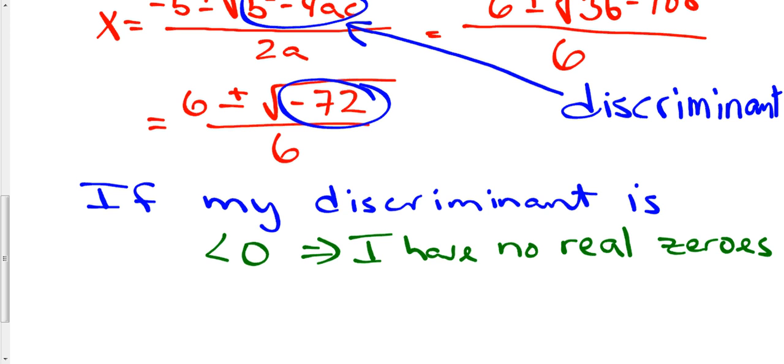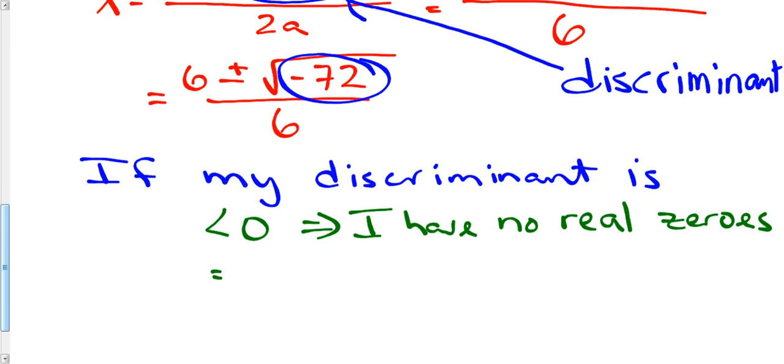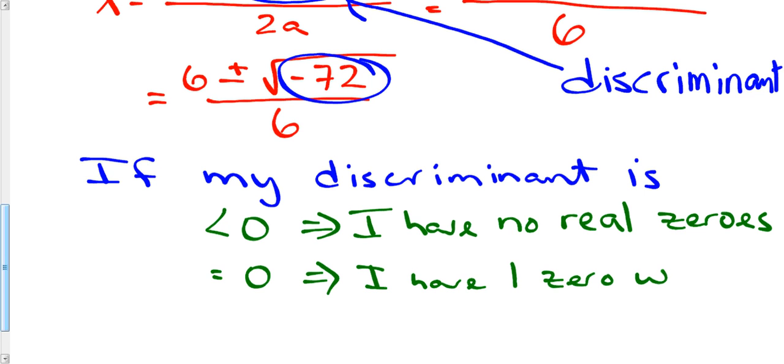Okay? How about if my discriminant equals 0? Then how many? Then I have 1 zero. I have 1 zero, with big M equal to 2. Who remembers what that big M stands for? Not slope, that's little m. Little m is slope.